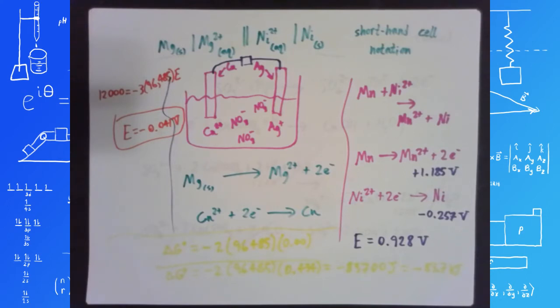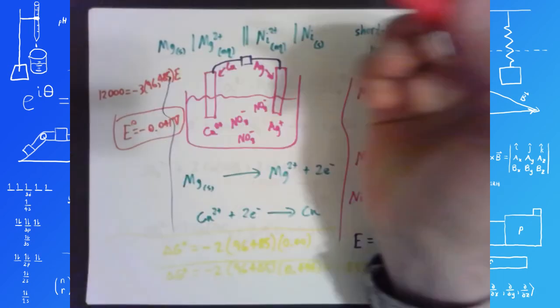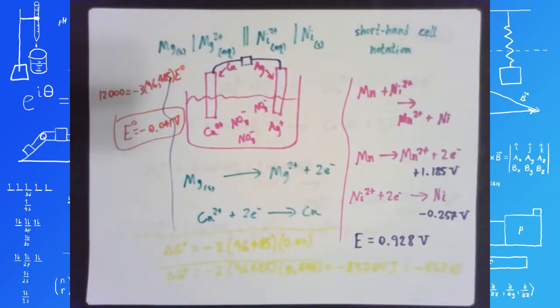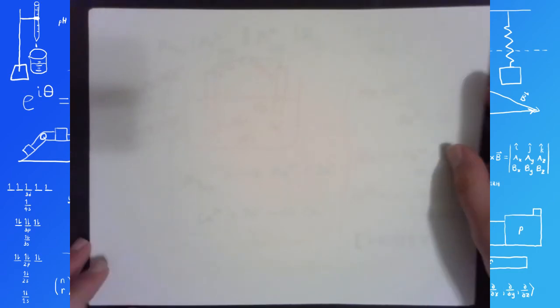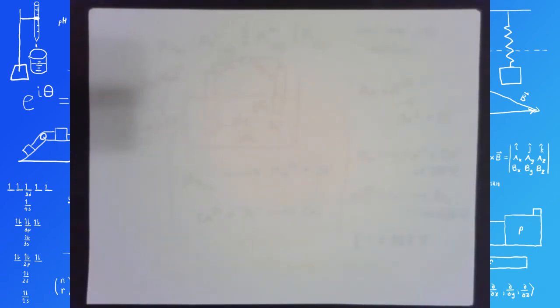Okay, and that was a standard cell potential. What about non-standard cell potentials? We can take advantage of what we learned in the previous video. A non-standard cell potential would have a non-standard delta G that goes with it.